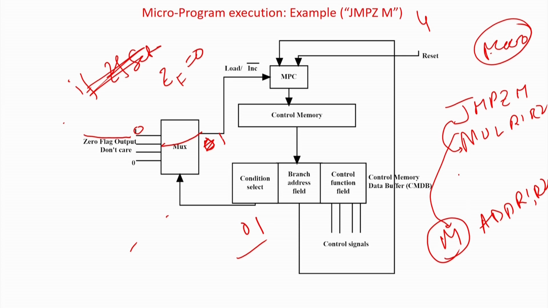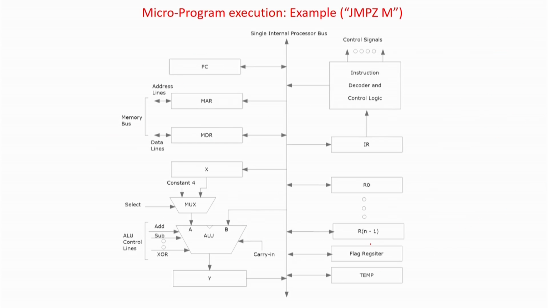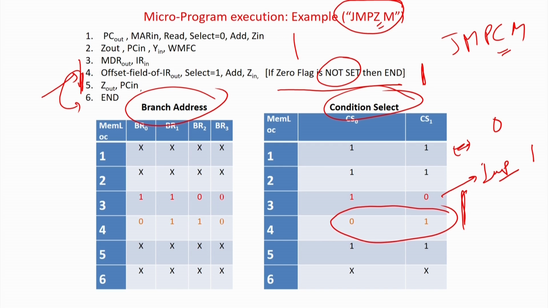If you have a 1 over here, the condition select check will be load, and the load value here I have put 0, 1, 1, 0, that is 6 in the microprogram level. That means if the 0 flag is not set, he is going to jump to memory location number 0, 1, 1, 0, that is 6, so the microprogram level will now come to 6, which is actually N.